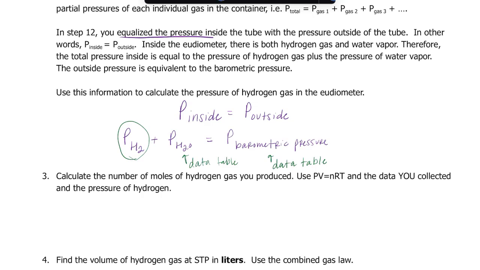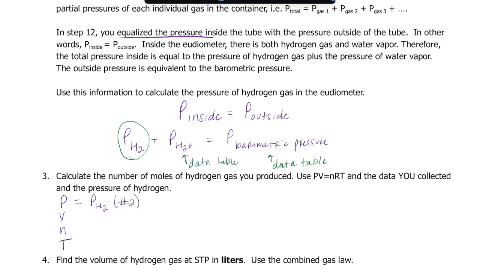On number 3, we're going to calculate the number of moles of hydrogen gas that we produced. And we're going to use PV equals nRT, the ideal gas law, and the data we collected and the pressure of hydrogen. So let's think about P, V, n, and T for this one. Our pressure is going to be our pressure of hydrogen, which you just calculated in number 2.